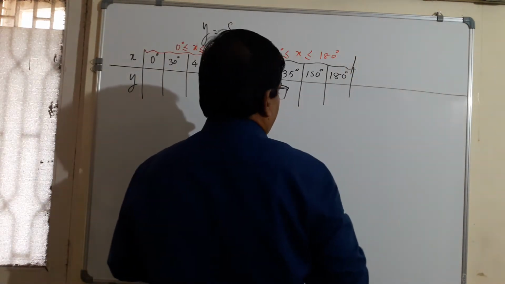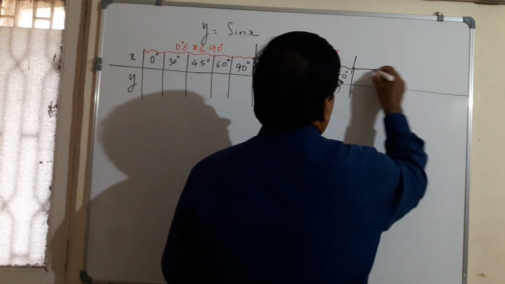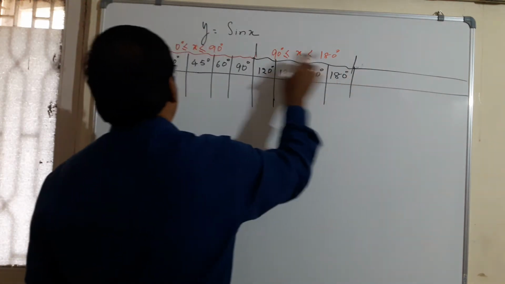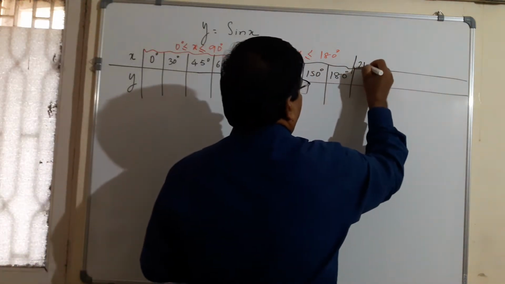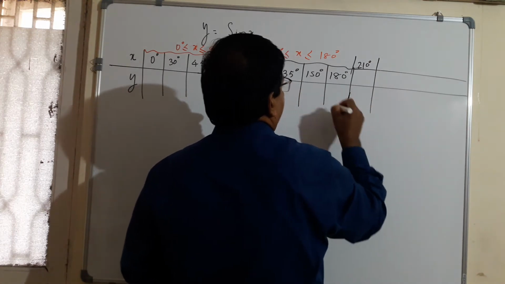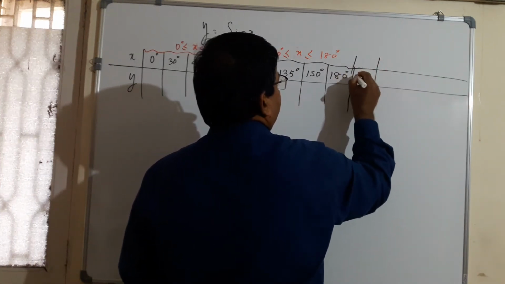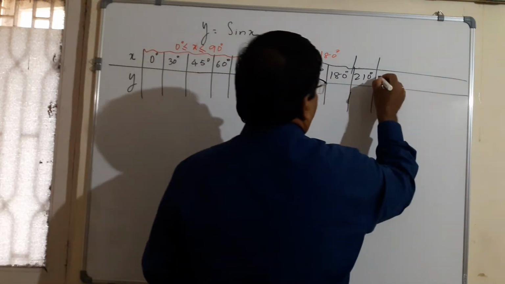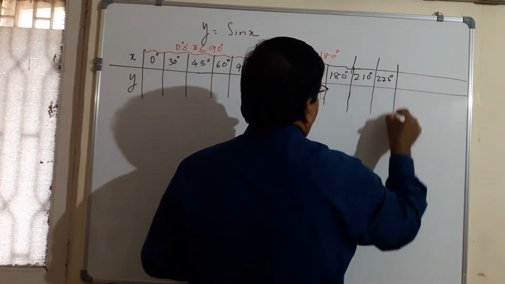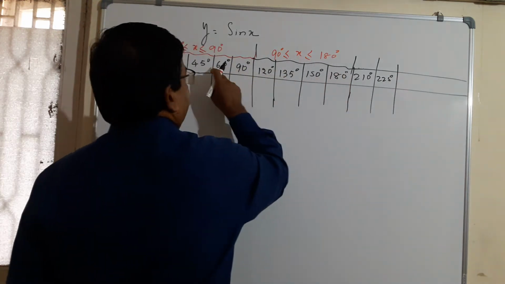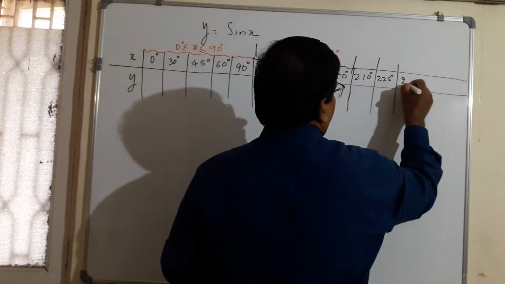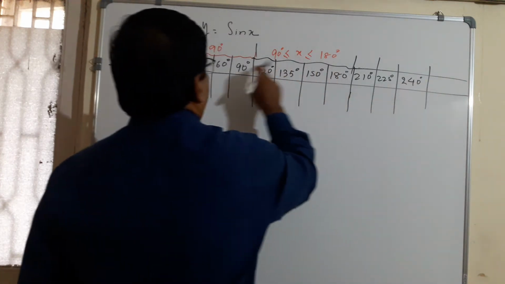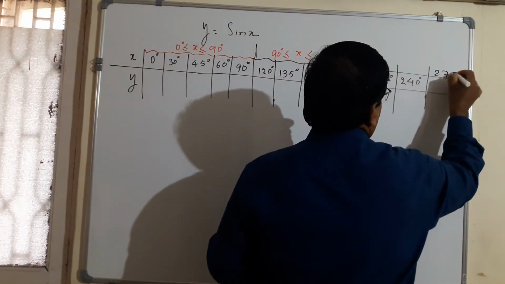Now third quadrant, 180 degree. Add 30, 180 plus 30, 210 degree. 180 plus 45, 225 degree. 180 plus 60, 240 degree, and 180 plus 90, 270 degree.